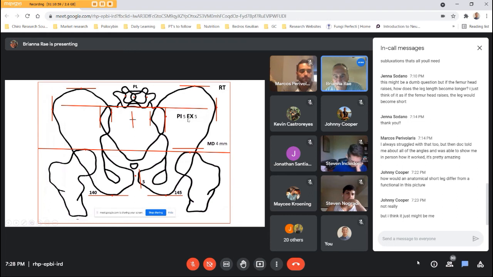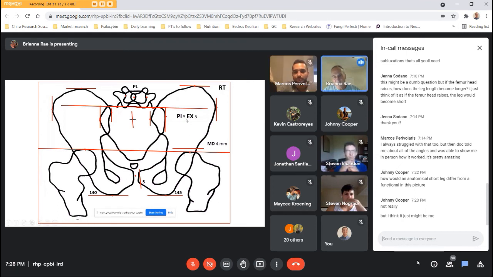So married listing, we add those numbers. We get 10 times 40% is 4. So if we're going to correct a PIEX, what does it do to the femur head? To correct it, it goes up. It raises it, yeah.